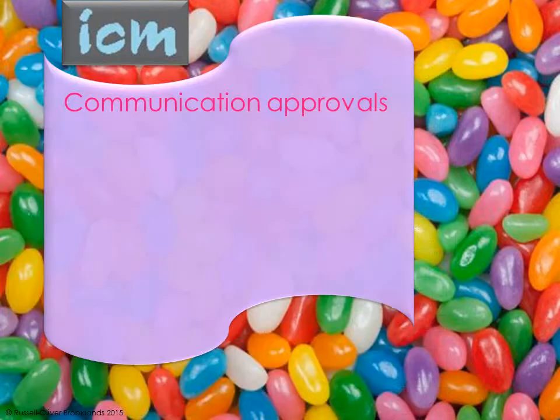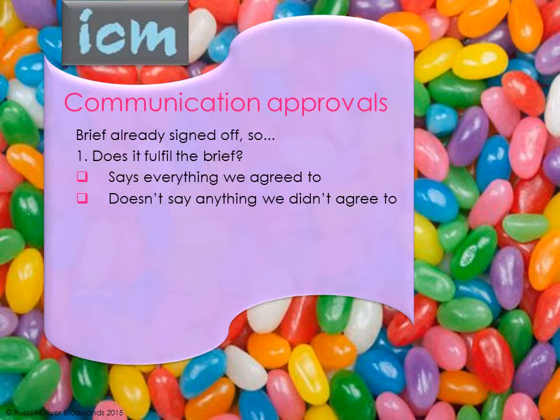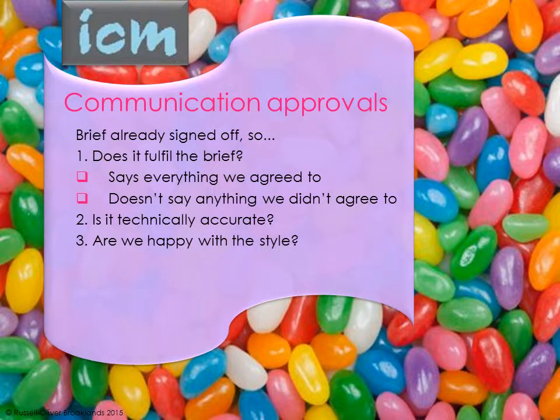With the brief already signed off, there are only 3 things the approval groups need to concern themselves with. Firstly, does the communication fulfill the brief? In other words, it says everything they agreed to and nothing they didn't agree to. Excellent. Secondly, is it technically accurate? Are all the facts and figures correct? Tick. And finally, is everybody happy with the style?